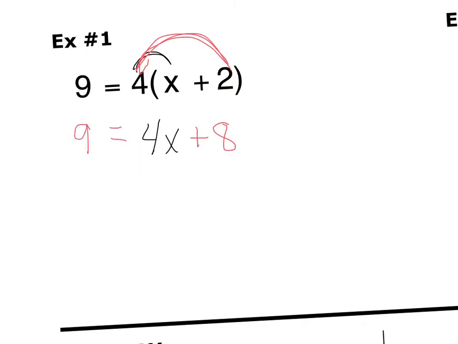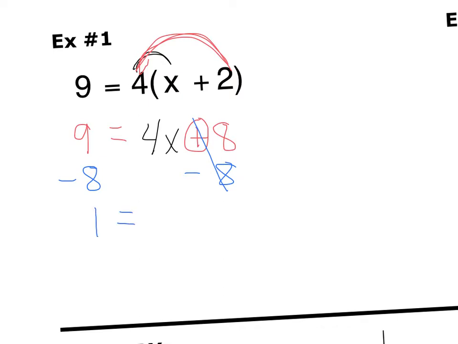Now we're back to where we were the last class, where we have two-step equations. And our fourth step that we learned was that you have to undo addition and subtraction first, and then undo multiplication and division. So we know that we have to undo this addition with subtraction. Those 8's cancel out. And 9 minus 8 is 1.